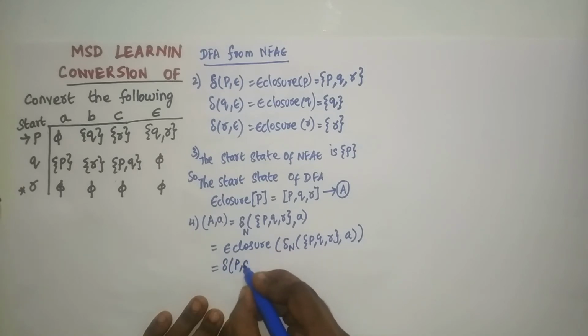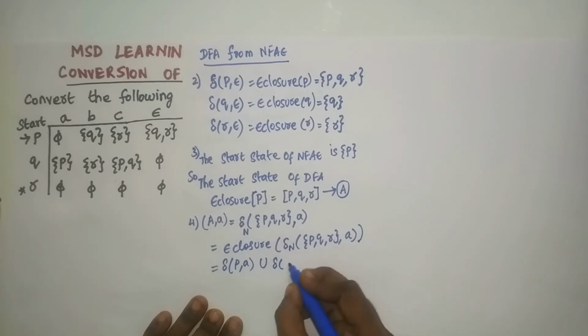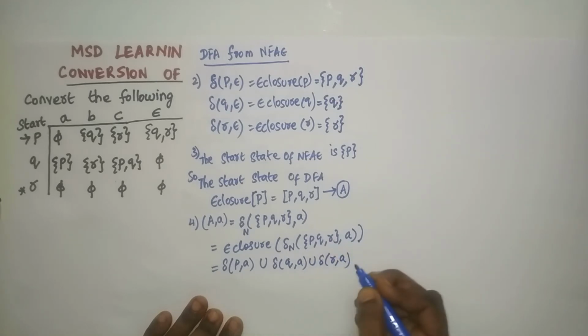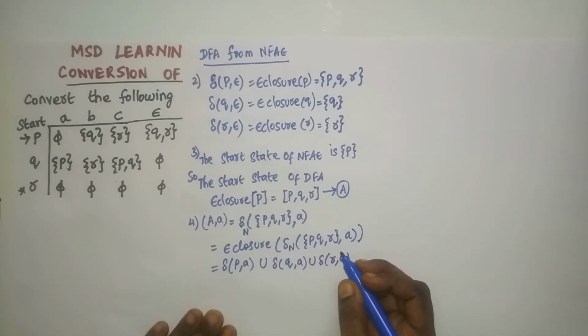So delta of P, comma A union delta of Q, comma A union delta of R, comma A. So P, comma A is empty, Q, comma A is P and R, comma A is empty.